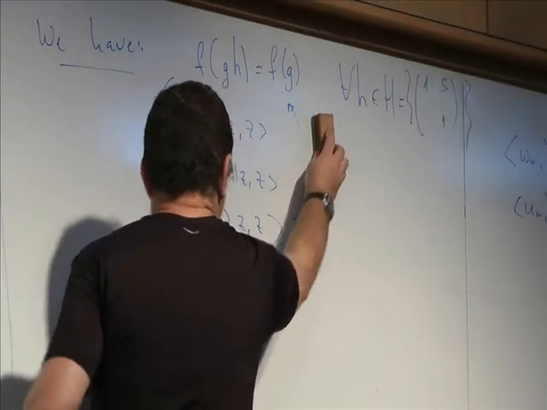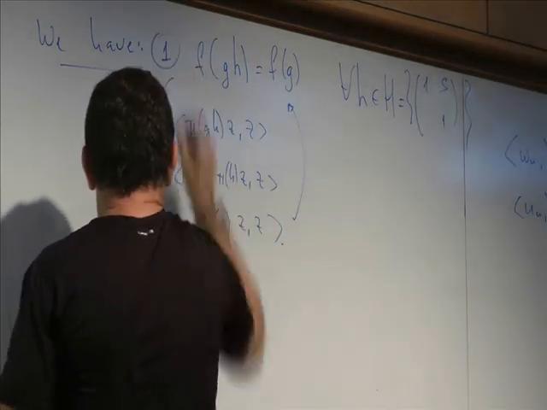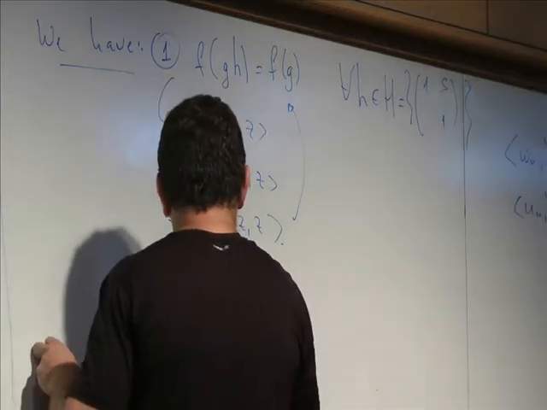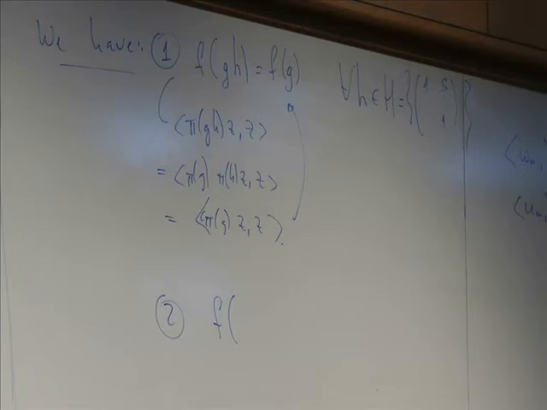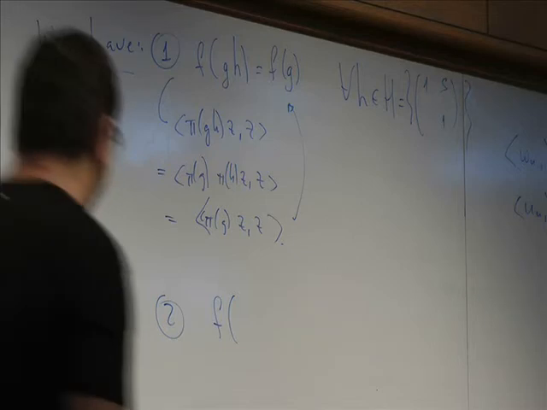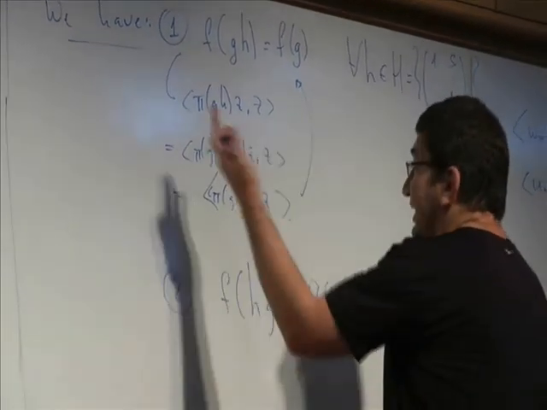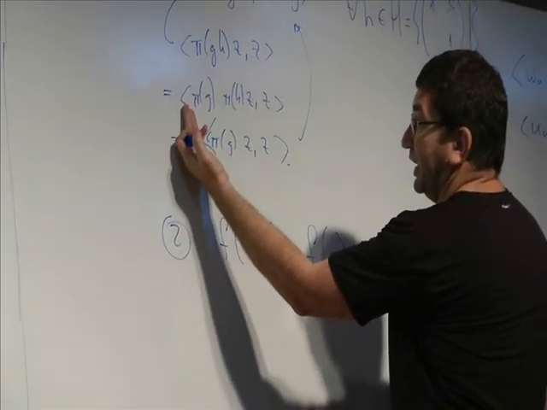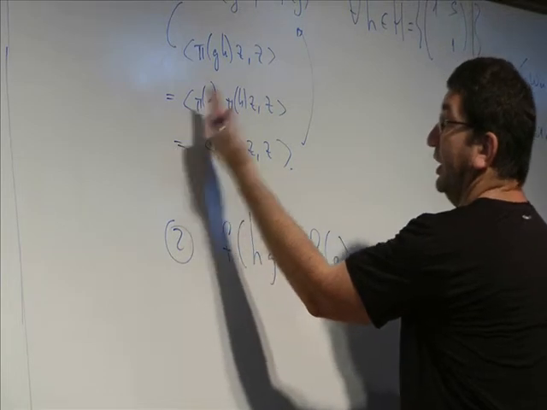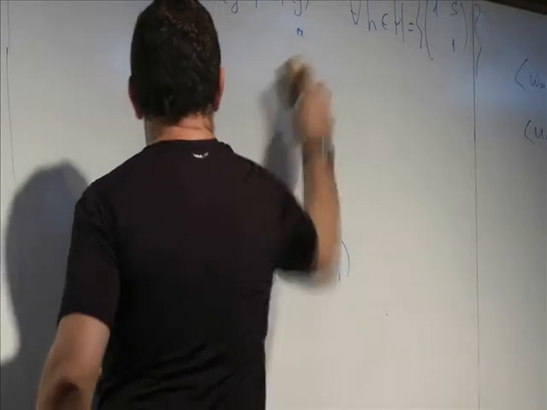Also, can I erase? This is 1. 2. This function is a function on G, on SO2, but invariant on the H acting on the right. It's also invariant on the H acting on the left. Why? Same thing, but you have pi(h) on the other side, because pi(h) is unitary. You can move it to the other side, right?